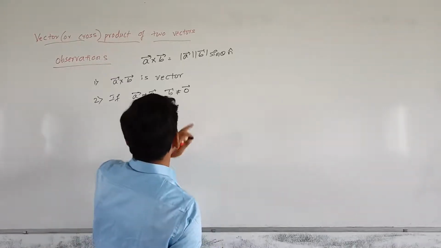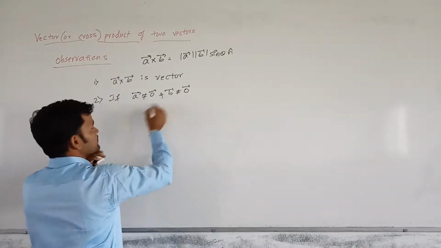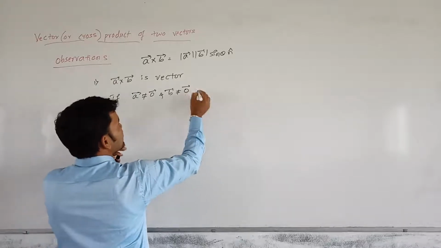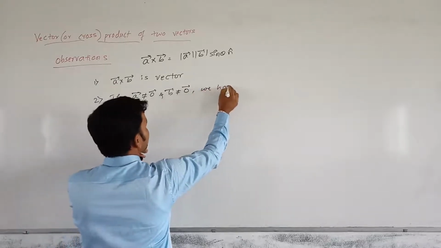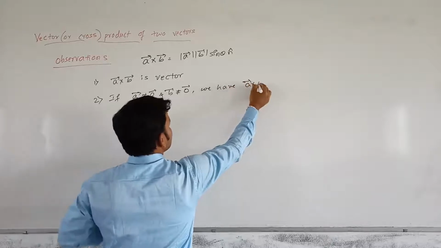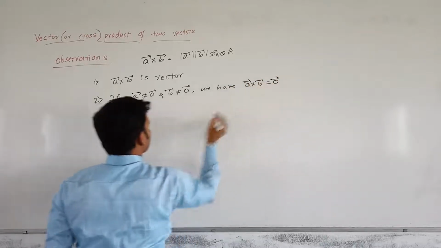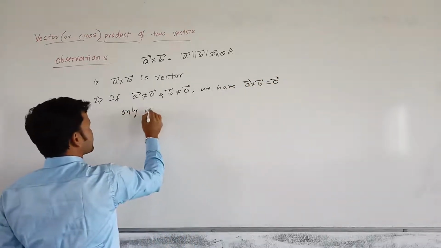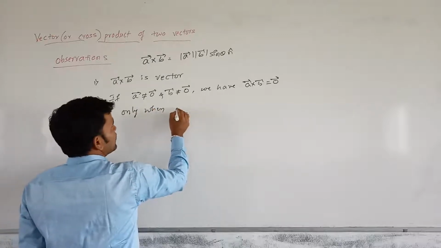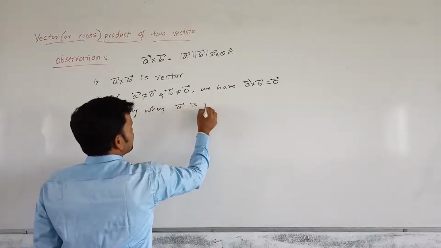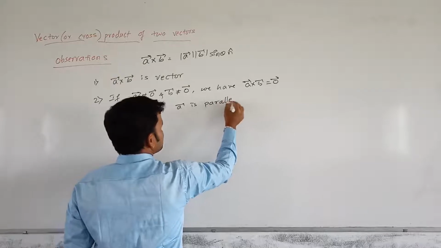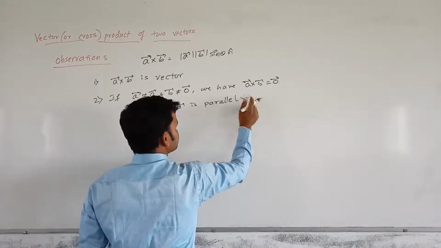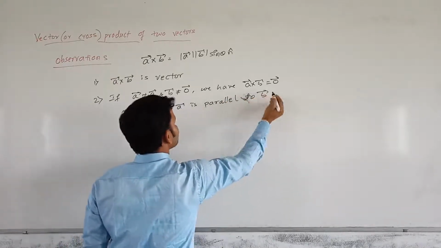We have A cross B equal to the null vector only when vector A is parallel to vector B. How is this?